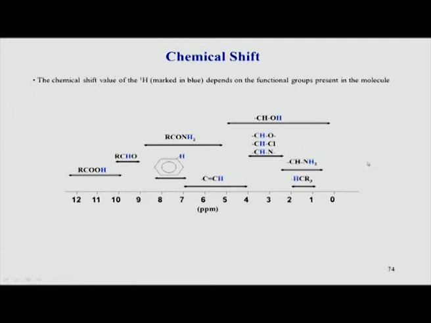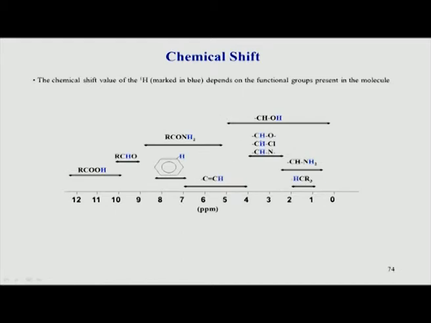To recollect, last time we mentioned that anything on the right side, typically towards 0, 1, 2, 3, we call upfield shifted, and the one towards higher values like 7, 8 and so on, we call downfield shifted. Remember, this is just a qualitative notation to decide which is more upfield or downfield.